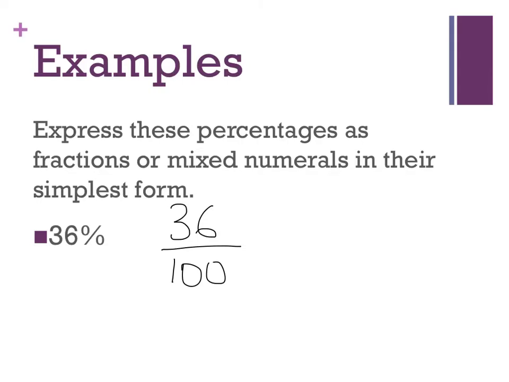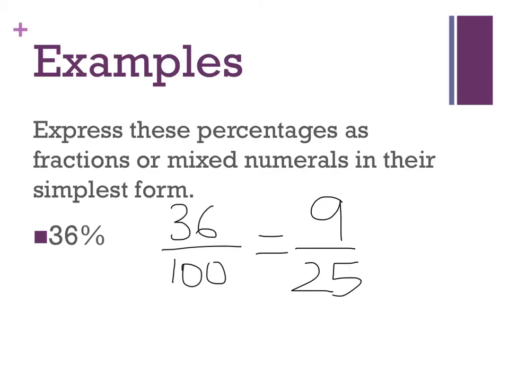3, no, 3 doesn't go into 100. 4, no, 4 doesn't go. Oh, wait, 4 does. 4 goes into 36 9 times, and 4 goes into 100, 25 times. So I can simplify this one by writing 9 on 25.